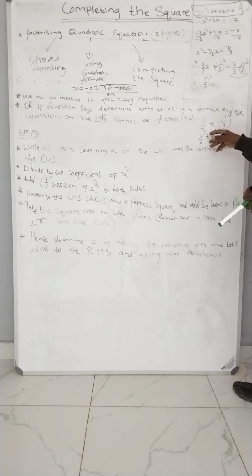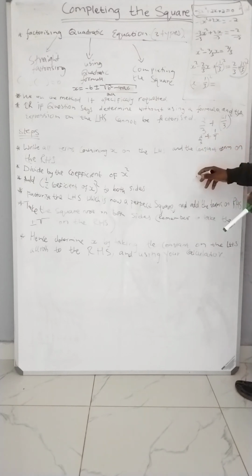And then when you get to this stage, you're gonna use what we call the lowest common denominator, which is 9, because 3 goes into 9 and 9 goes into 9. So now you're gonna have your LCD as 9. 3 goes into 9 3 times. 3 times 2 is going to be 6.